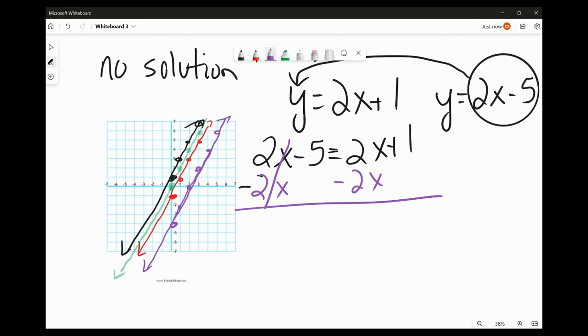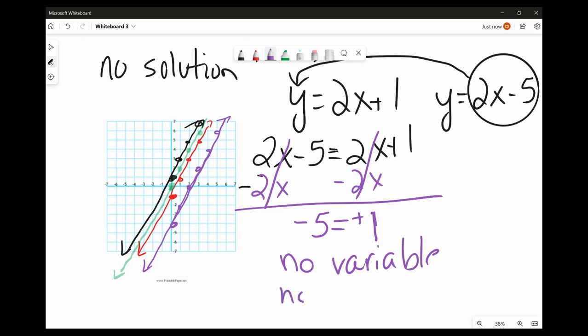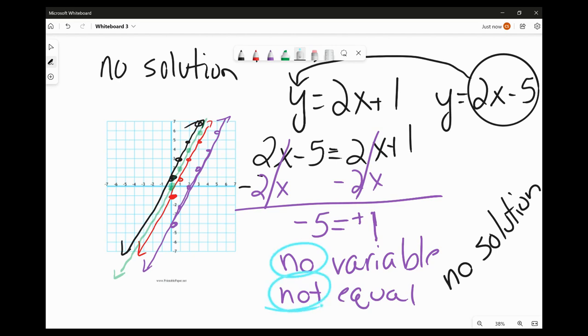When you do that, you'll see that the x's cancel on both sides, and all that's left is this. So there's no variable, and it's not equal. So no variable, not equal, that's going to be a no solution.